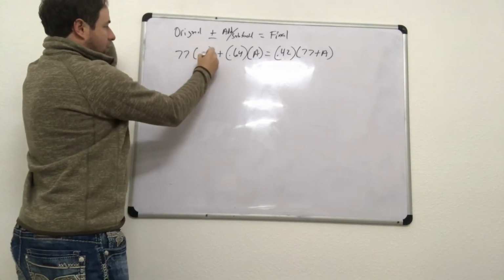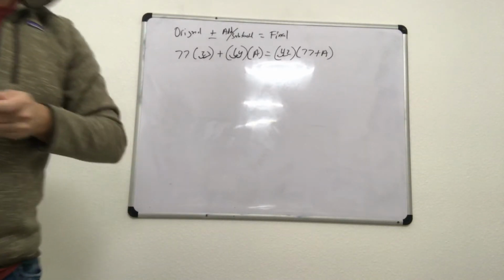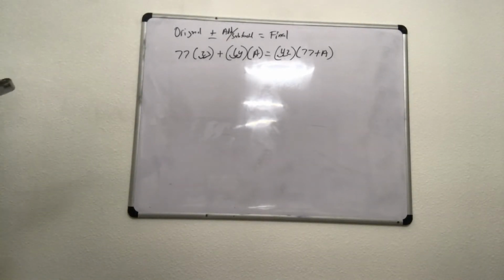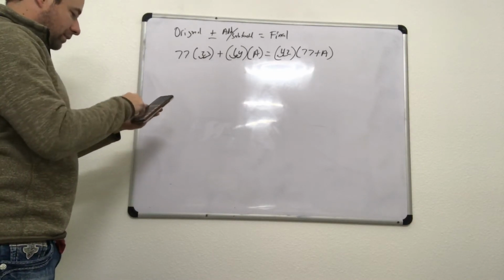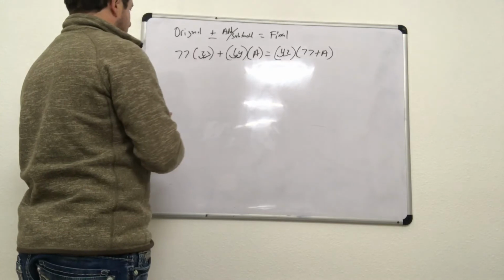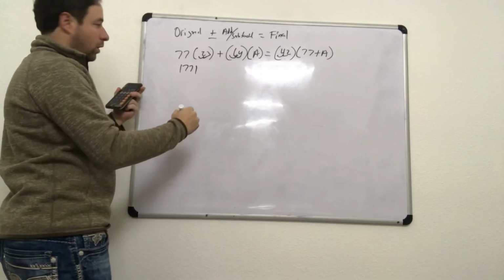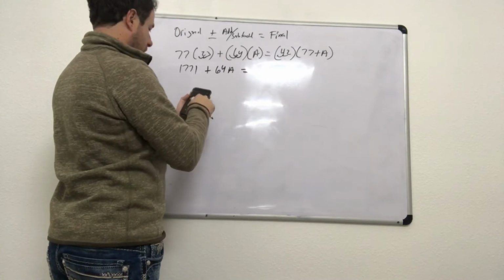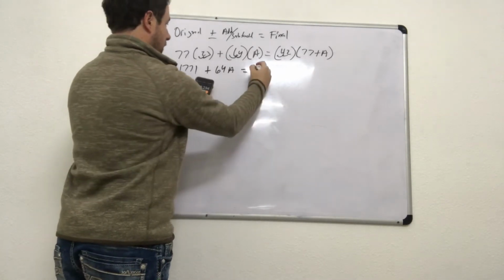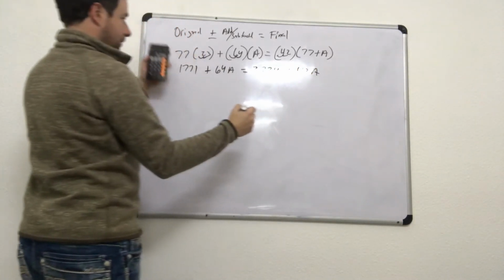We're going to move everything 2 decimal places so that these are whole numbers. When we do that, we get 23 times 77, which I'll use my calculator for. That gives you 1771. So when you multiply that, 1771 plus 64A equals 42 times 77, which is 3234 plus 42A.